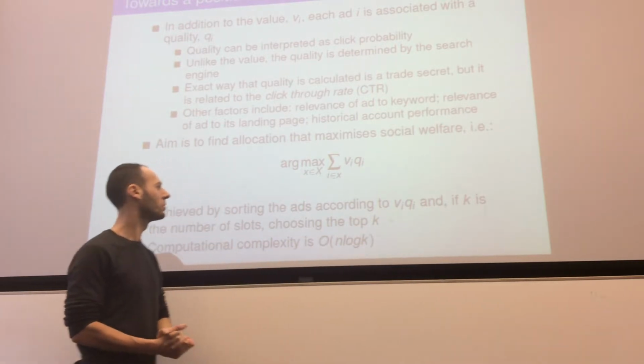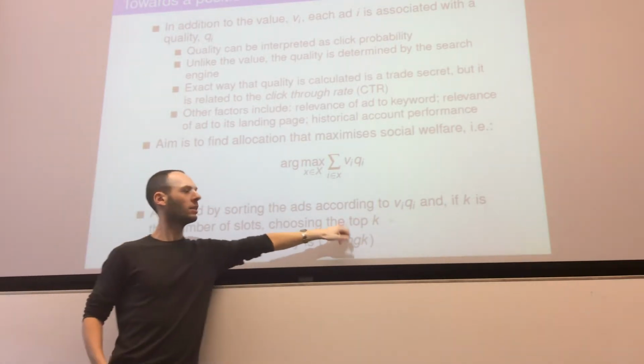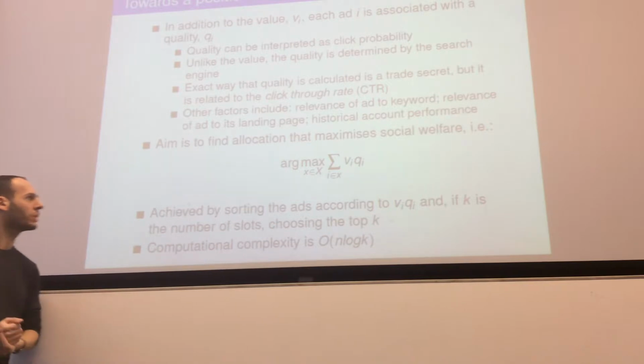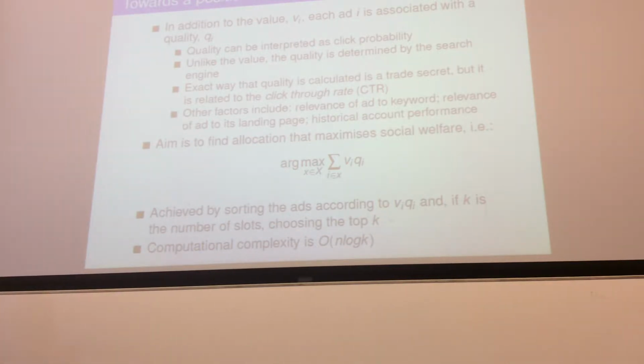So in the worst case, it's n log k computational time, which is doable. It's less than quadratic in time, so it's a very tractable approach. Okay, so this is how Google and other search engines sort their advertisements.